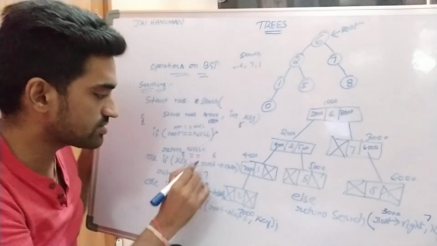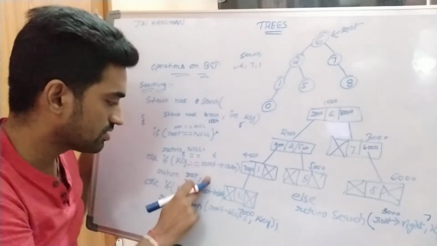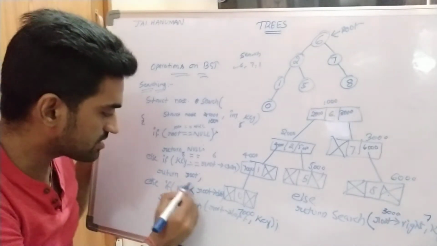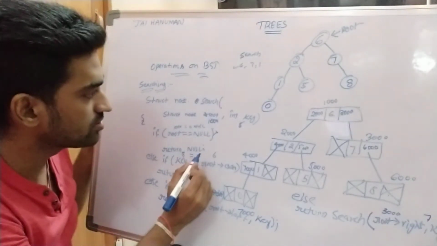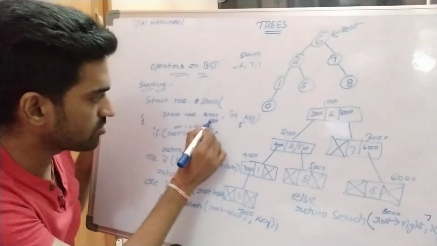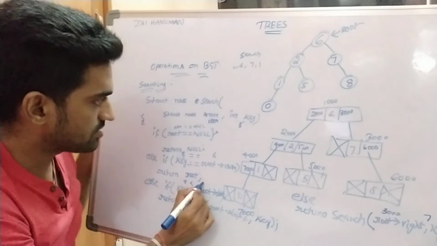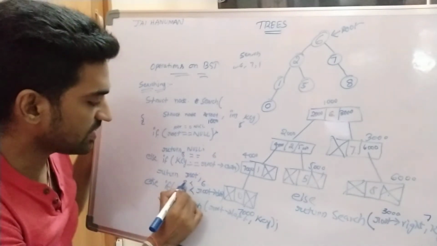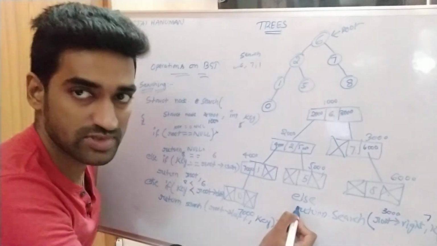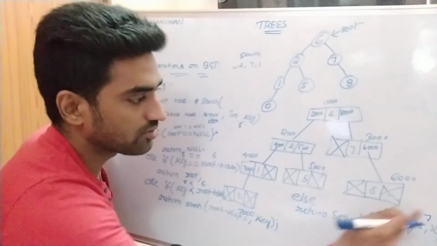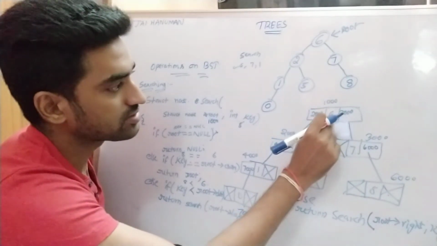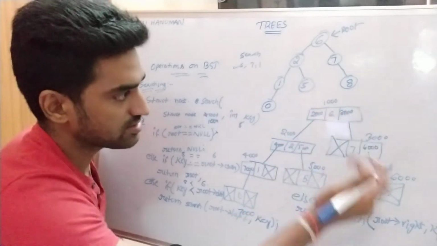So 8 is equal to 6, condition is a failure, and we cannot return root. Then key less than root data: 8 less than 6. Condition is a failure. So we call the else procedure. In else, root of right is 3000.